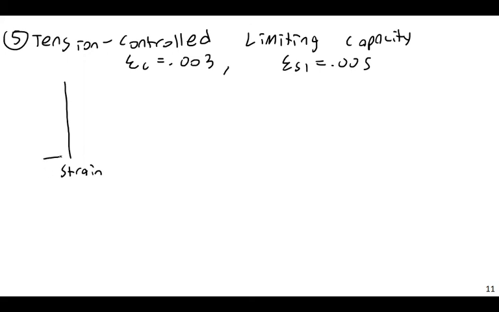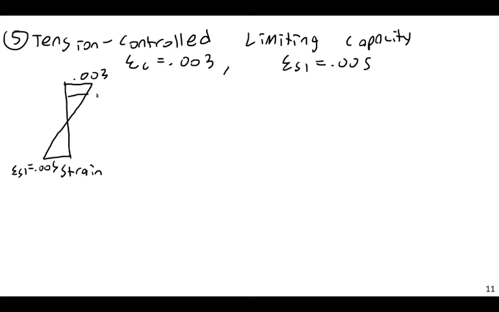I have my epsilon S1 and my epsilon C here. So 0.003 and my 0.005, and that's going to be my epsilon S1 is 0.005.